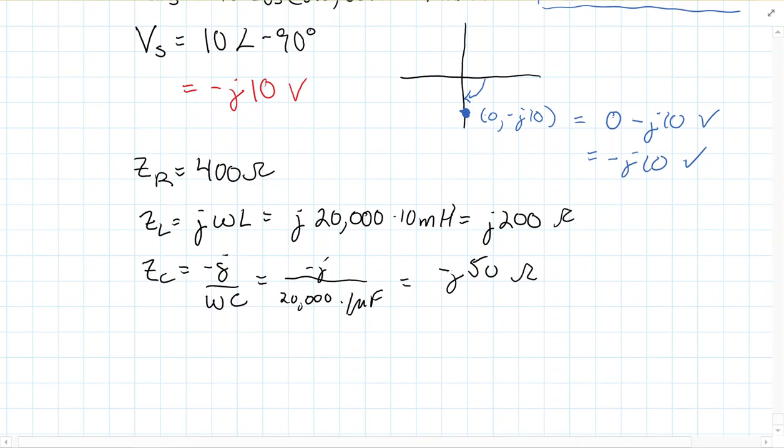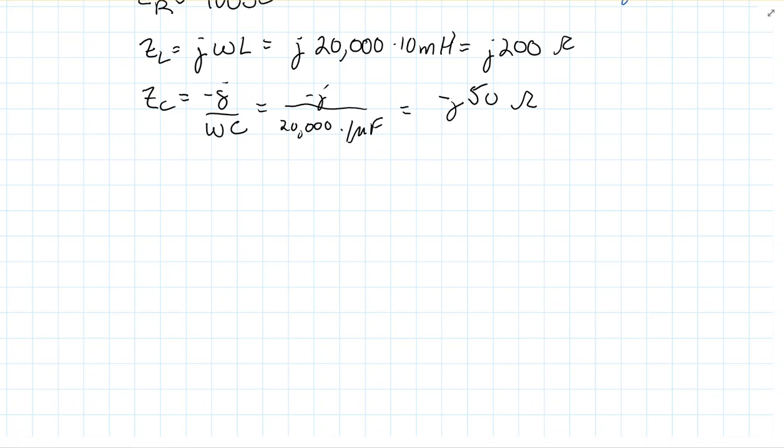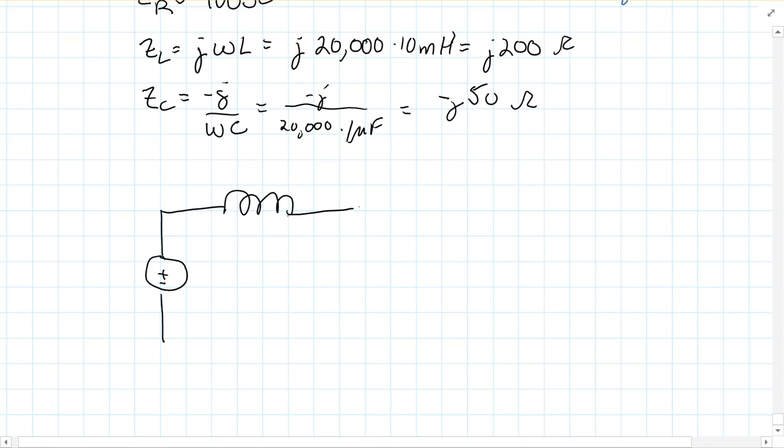Okay, so I'm going to redraw the circuit. As I said, normally when we do these, we would have the circuit and we just relabel it, but because I'm doing this on a pad here, I don't want to have to keep scrolling up and down. So I've got my voltage source, my inductor, my resistor, and my capacitor.